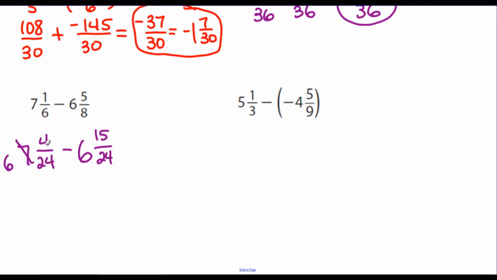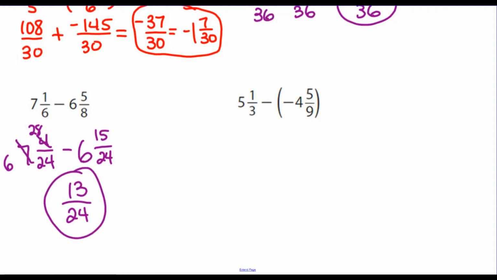And then that's going to give me 24 24ths to add on here. And that makes that 28 24ths. So 6 and 28 24ths is the same as 7 and 4 24ths. So now I can subtract: 6 minus 6 is 0, and 28 minus 15 is 13. And I get 13 24ths, and that is in simplest form.